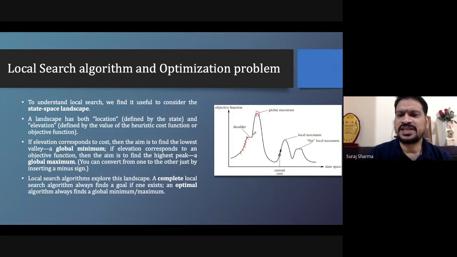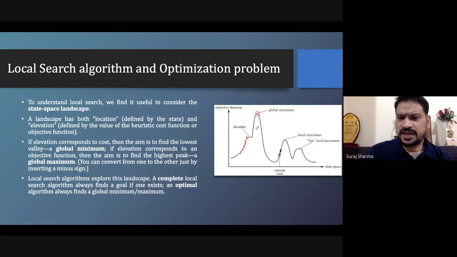So could we reach the optimal solution, or do we reach a local maxima or the least solution? That is what we are going to learn in local search algorithms and optimization problems.